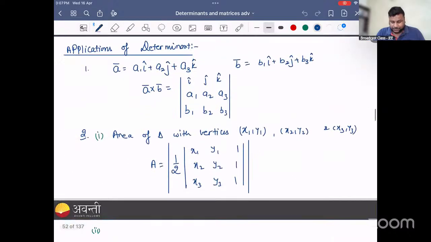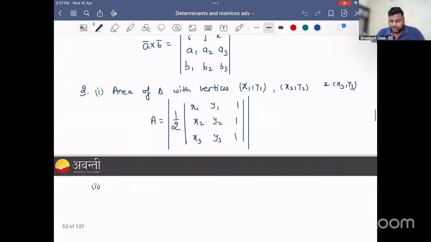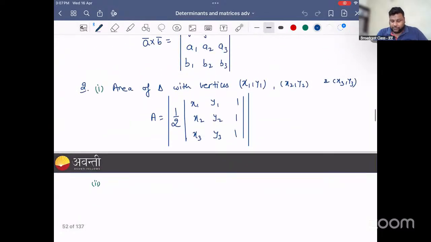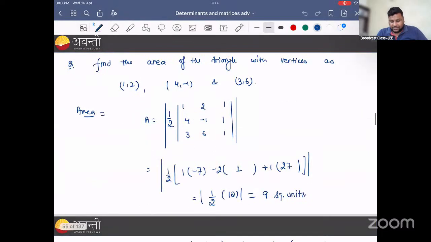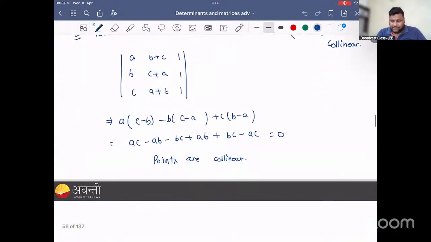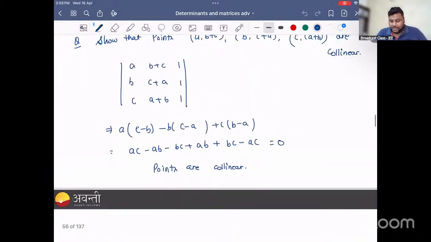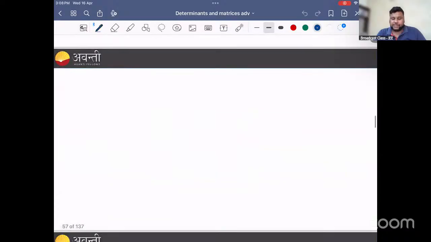Remember this thing? Then we came with the application of determinants, like we use it in the cross product, area of a triangle. Then we have done a question on area of triangle, one question on collinearity of 3 points. So if 3 points will be collinear, area formed by those points will get 0.